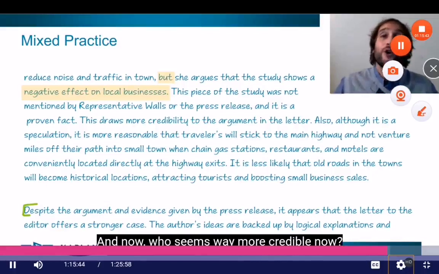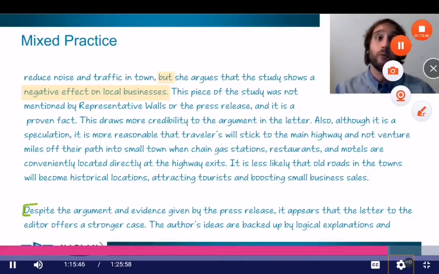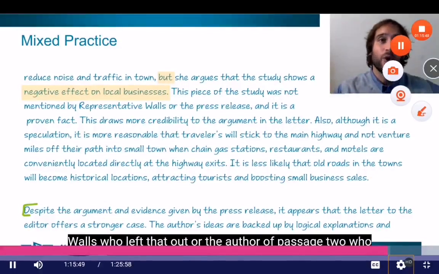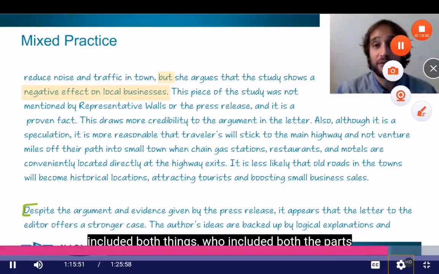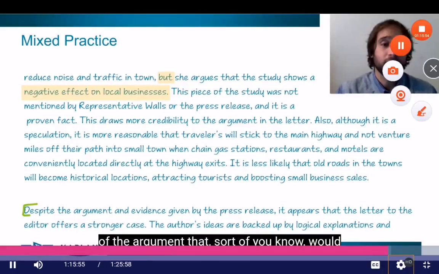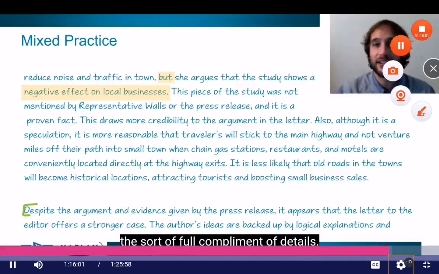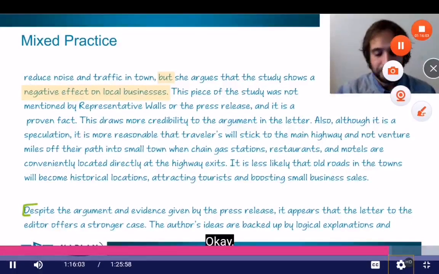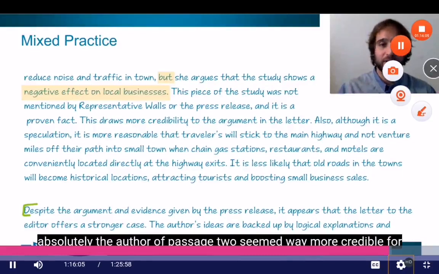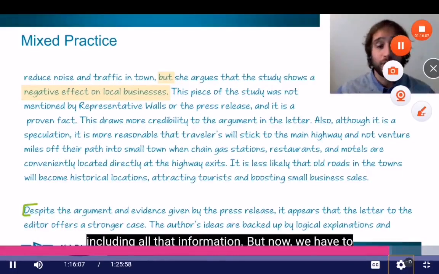And now who seems way more credible? Walls, who left that out, or the author of passage 2, who included both parts of the argument, the ones that would negatively affect her own position, but then provides the full complement of details, right? Okay. Absolutely, the author of passage 2 seems way more credible for including all that information. But now we have to explain it.